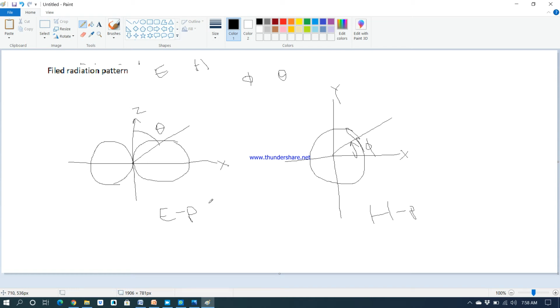Please remember why this is the E plane and why this is the H plane, why it is electric field and why it is magnetic field. In the previous class I told you, whenever a source is excited, as in this basic diagram of an antenna, then as per the right hand thumb rule there is production of a magnetic field and an electric field.